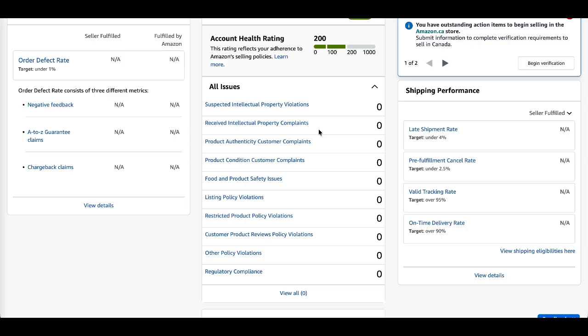Now the product authenticity complaint. A product authenticity complaint by the customer is also a serious matter, where the customer is saying that the product is not what the seller is trying to sell and it is not authentic. So again, a customer has bought a branded item from you and somehow it is not authentic, rather it's a second copy of that brand.